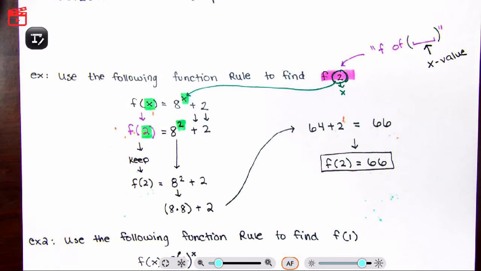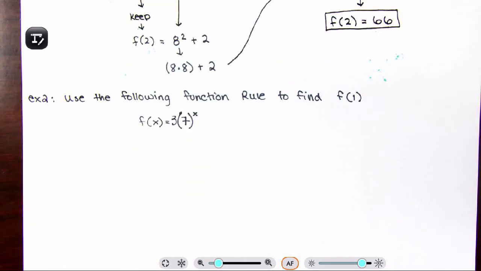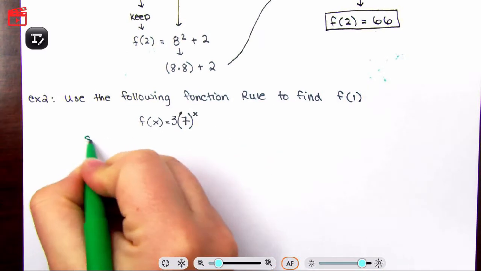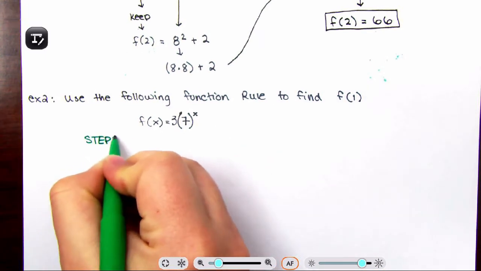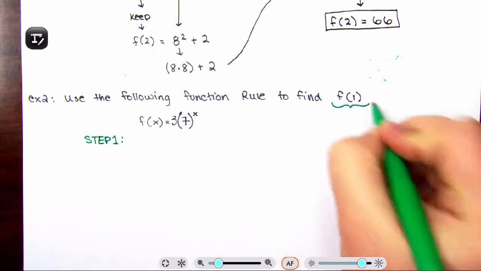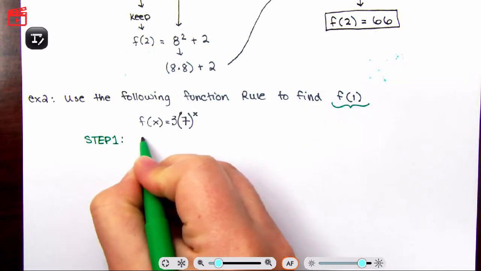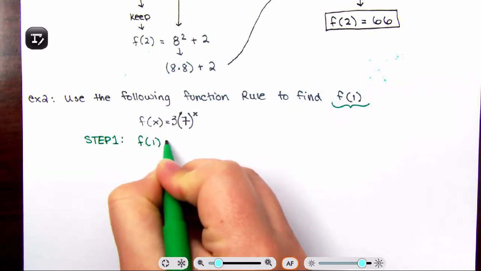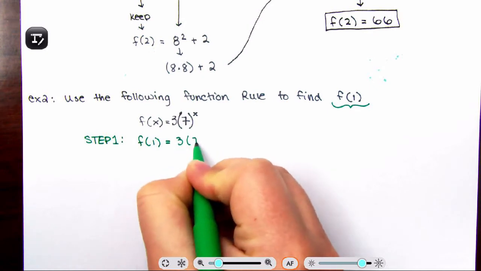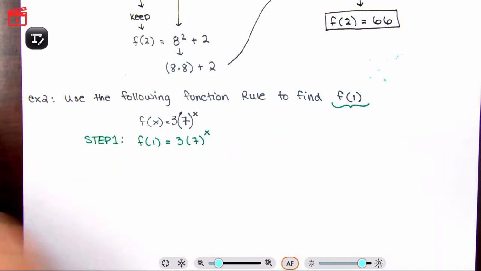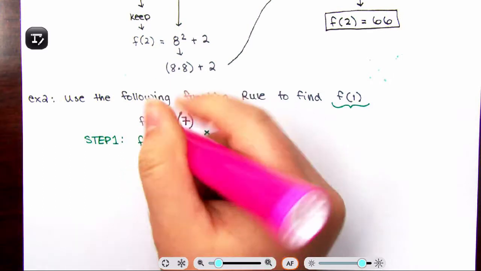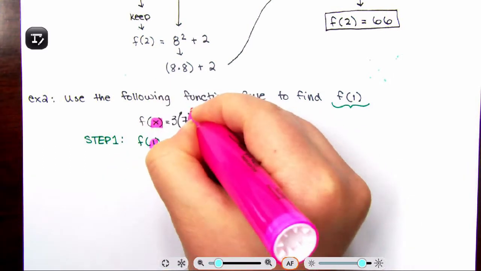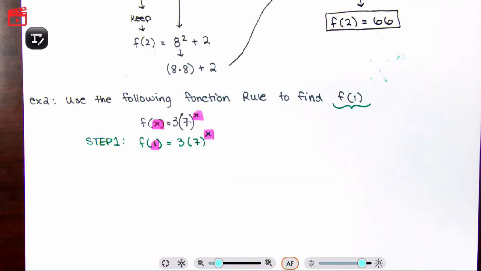Let's do this one more time. I'm going to try to do a little bit more explanation. Step number 1, you're going to rewrite whatever is given, f of 1, underneath. Then you're going to replace the x value with whatever number you have.